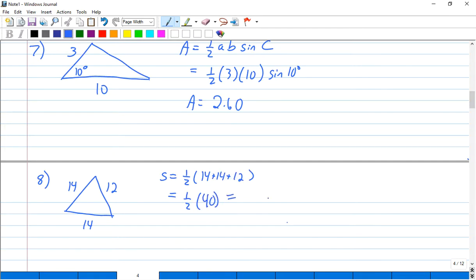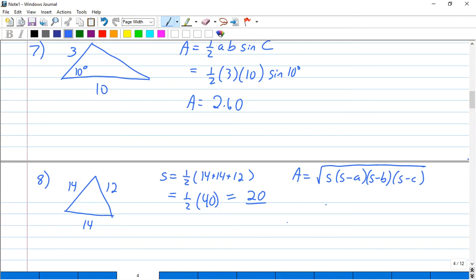Half of 40 is 20. And then the formula is the square root of S, that was half the perimeter. So that's the square root of 20 times S minus A, so S minus one of the sides, times S minus B, another side, times S minus C, another side.